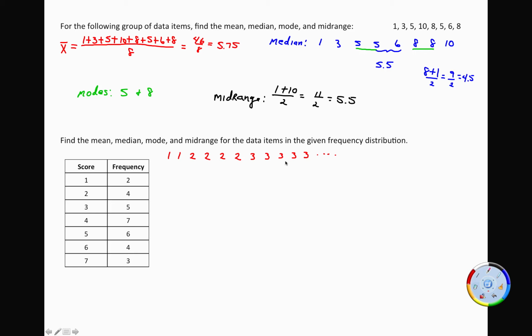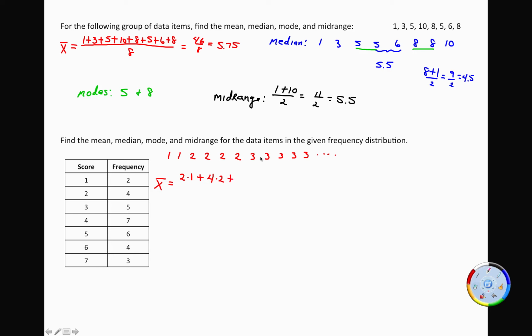Well, remember, if I'm finding the mean, I would say 1 plus 1 plus 2 plus 2 plus 2 plus 2. Or I could simply say, oh, that means I have 2 1s. So one way I could do this is just say, I have 2 1s, 1 plus 1. Plus there are 4 2s. So instead of having to say 2 plus 2 plus 2 plus 2, I can say 4 times 2.